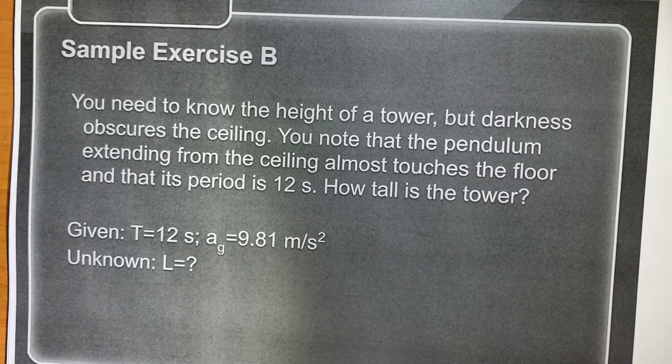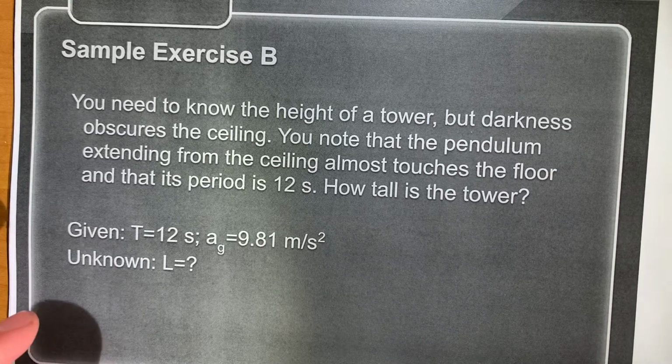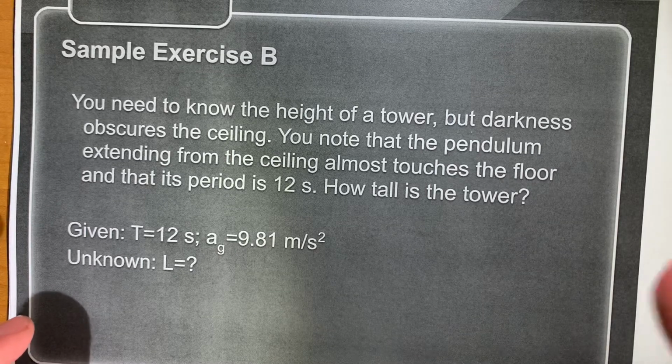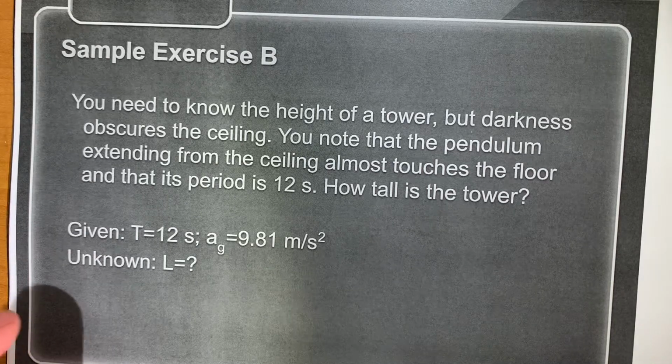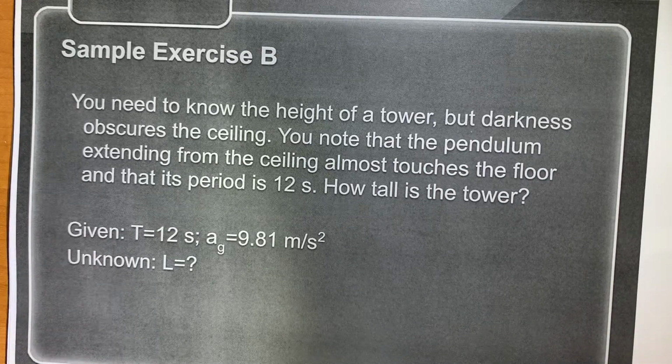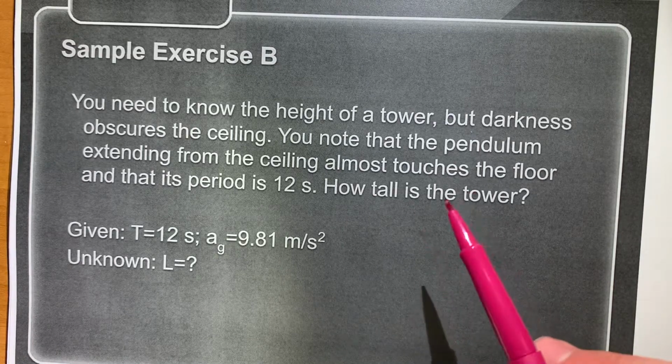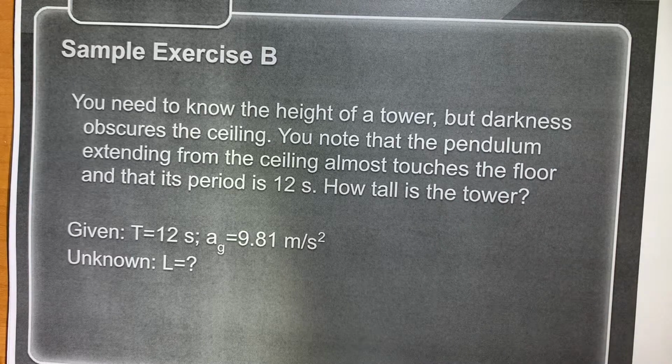So you decide that you can find the period of this pendulum if you take it for a quick swing, and then do a little algebraic rearranging of that formula to solve for the length, which in turn would help us solve for the height of the tower. So you swing the pendulum. Yes, of course, it obeys simple harmonic motion. And you find that in order to complete one full cycle, it takes 12 seconds.